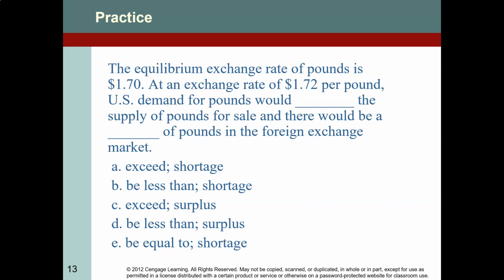Just treat the pounds as a standard product, such as the apple that you learned about in your economics class, and treat the exchange rate as the price of the product. Any theory we're using here will be similar to what you've already used in your economics or other finance classes. Think about this question. Let me know which one you would choose. You can resume the video when you're ready.